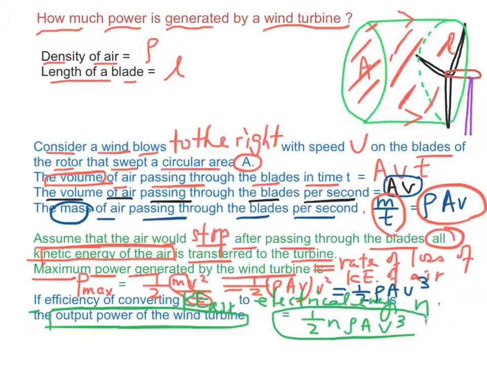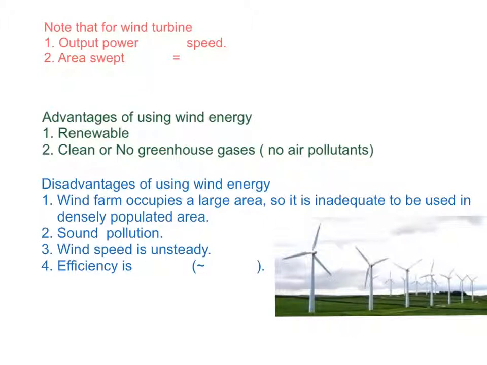This formula is very important. Note that for a wind turbine, the output power is proportional to the cube of the speed, or proportional to V to the power 3.